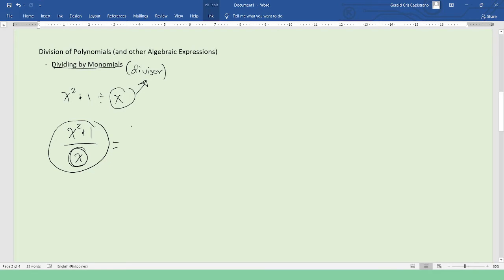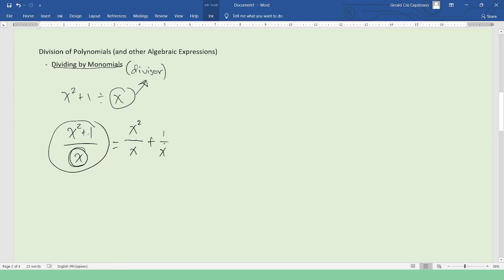Basically, you just need to rewrite the numerator, then divide that by your monomial denominator. Then you separate that kung ano mang sign yung nandito, so we'll have the plus. Then we'll have 1 over x, nire-write ko lang yung isa pang nasa numerator at yung denominator which is x.